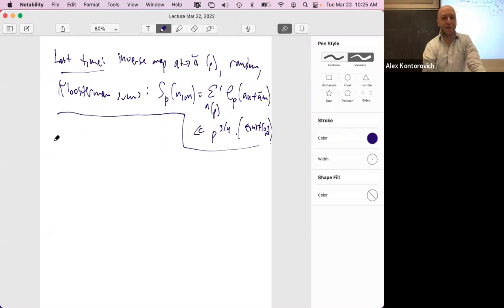not the inverse map, but modular multiplication. What about multiplication? And here things were slightly more subtle.